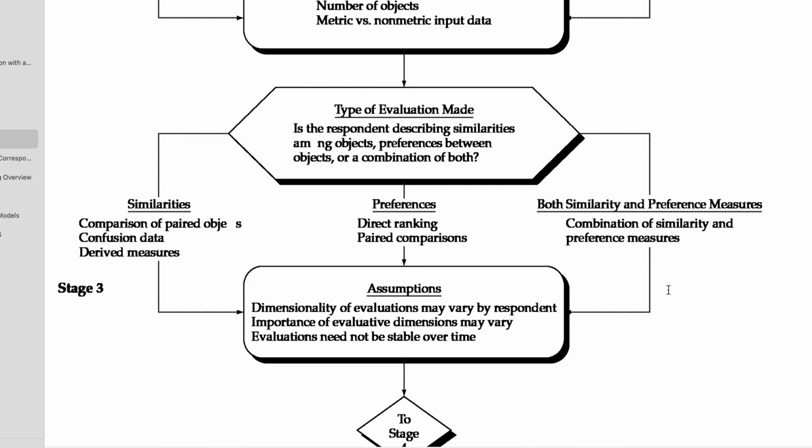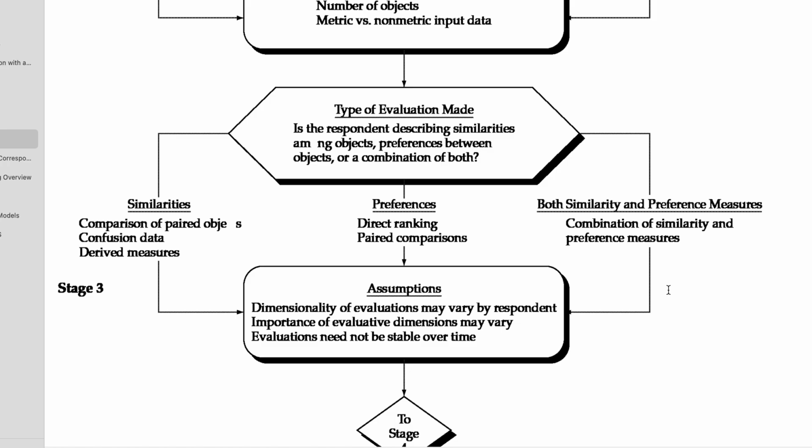Type of the evaluations made: does the respondent describe similarities between the objects, preferences between the objects, or a combination of both? Here are the similarities, preferences, and both similarities and preference measurement. If we talk about the similarities: comparison of paired objects, confusion data, derived measurement.